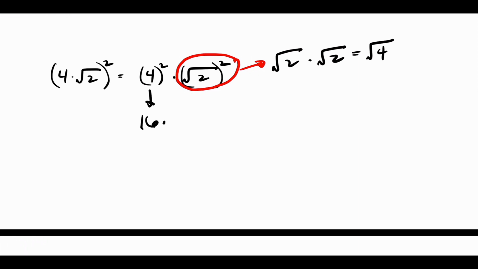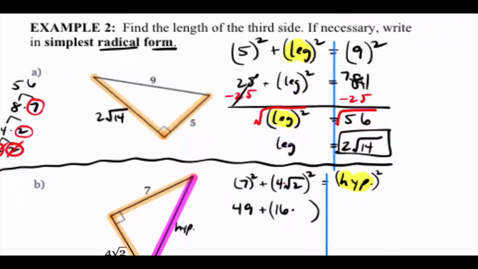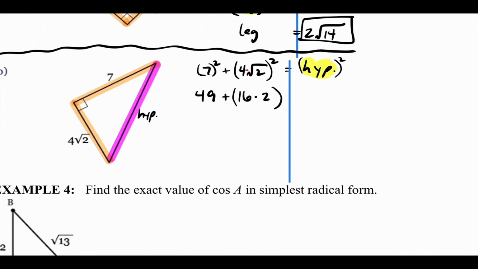And what is the square root of 4? 2. So really, this answer is just positive 2. Okay, let me go back to my question. So it's 16 times 2. 16 times 2 is 32.